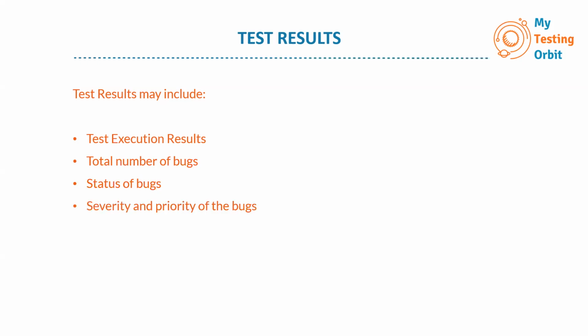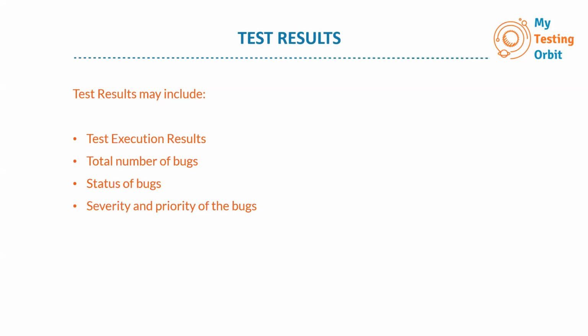And then severity and priority of the bugs as well, because if we have a huge number of bugs, then we need to see the severity and priority of the bugs, and get those bugs fixed in that order. So if a bug is critical or a blocker, that needs to be resolved first.